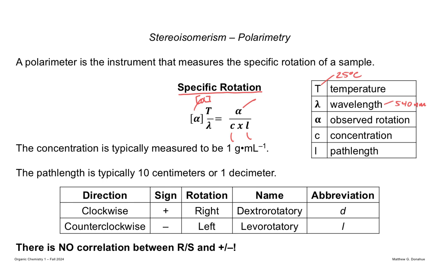When those came on, you went inside and ate dinner. That was sort of the end point of playtime, but it's sort of like a yellow light, again, that gets polarized. Observed rotation, concentration, and path length, they go into that, and then the instrument spits out your specific rotation.